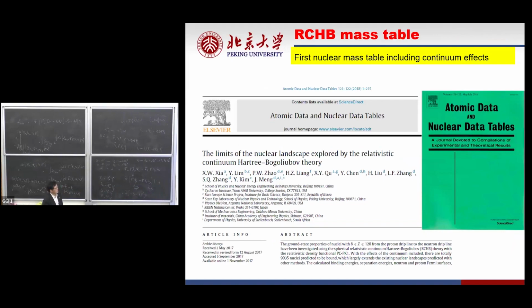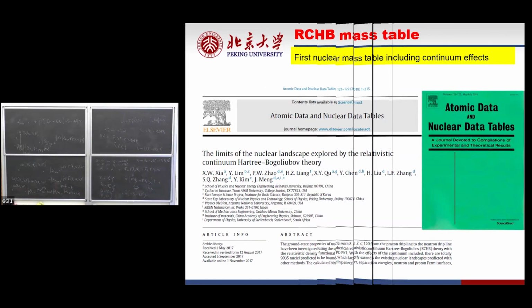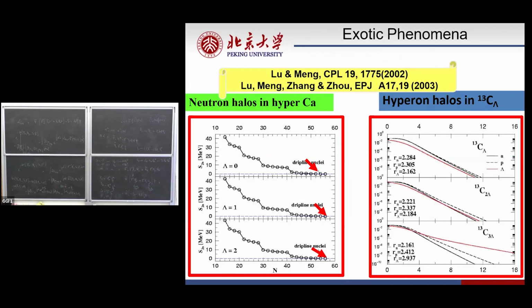And this result has appeared in Atomic Data and Nuclear Data Tables. So if you want to have the general features, you can go to this mass table. And then you see this is also the figure which I showed.